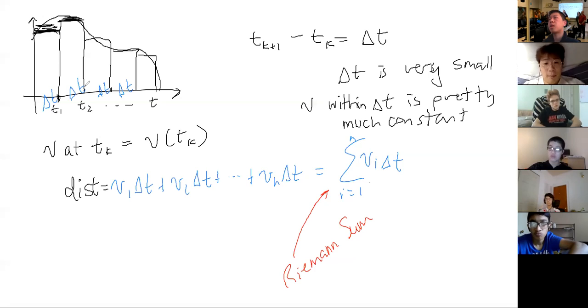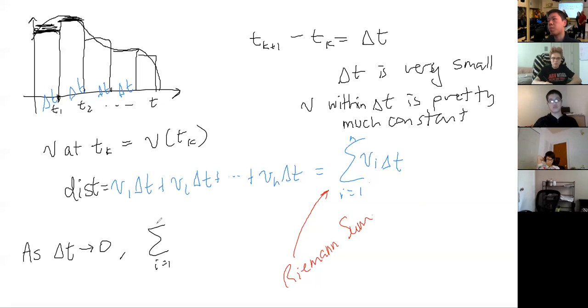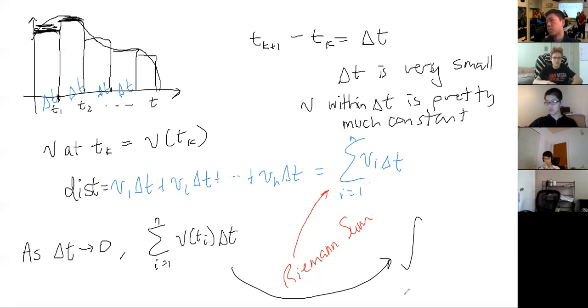And this is something in calculus known as a Riemann sum, which is a way of approximating something called an integral. So as we let delta t approach 0, as we did with our derivative as well, we can call the sum from i equals 1 to n of v of t sub i times delta t the integral as n goes to infinity.